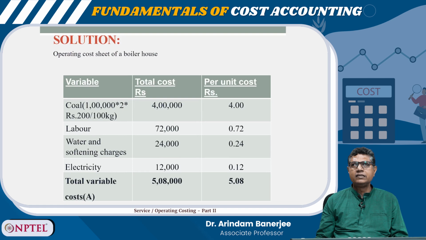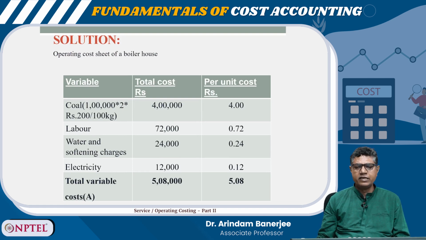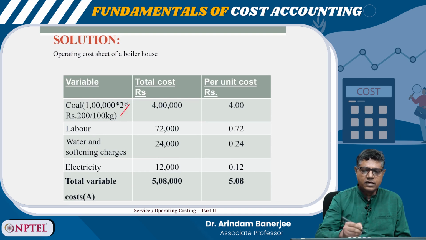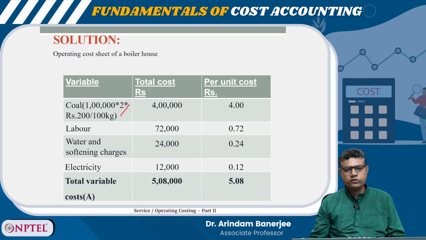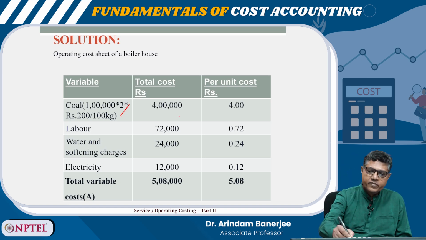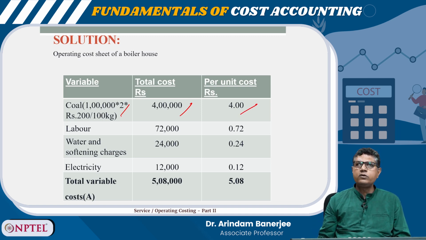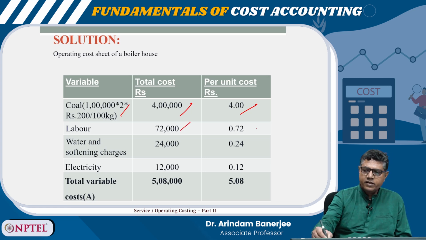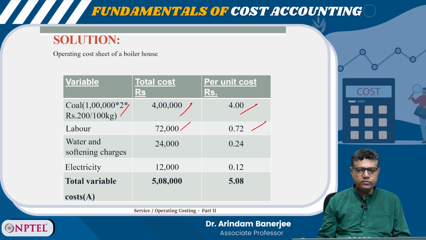So, what are the cost items or the variables? First is the coal, right? Coal 1 lakh into 2 into rupees 200 by 100 kg. So, total cost is coming 4 lakh. So, per unit is rupees 4. The labor total cost is 72,000, per unit cost 0.72.